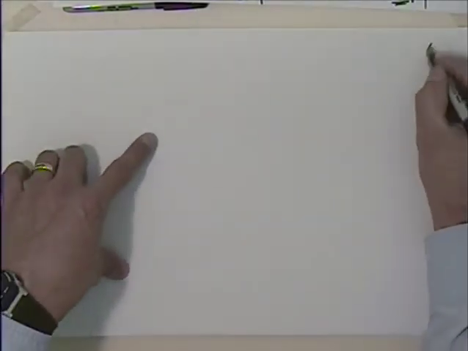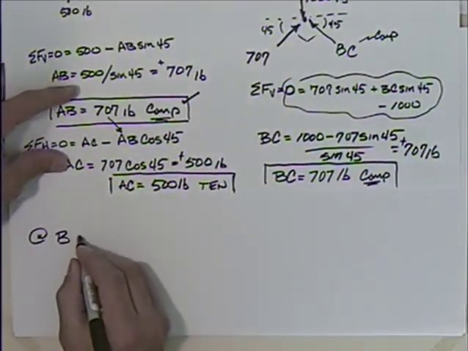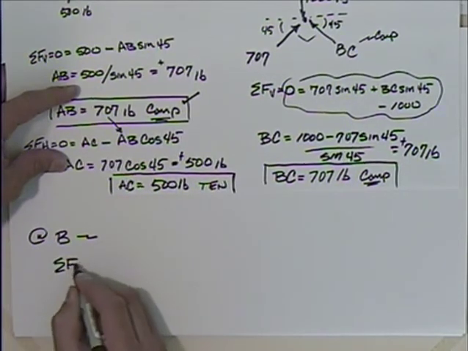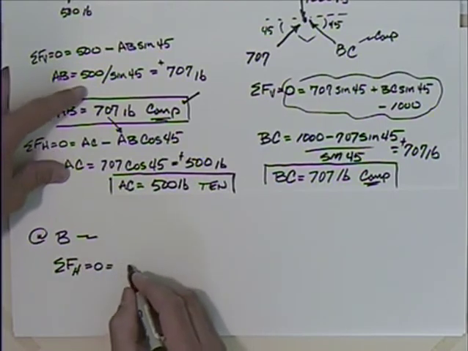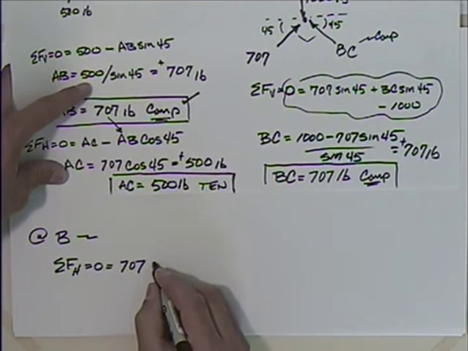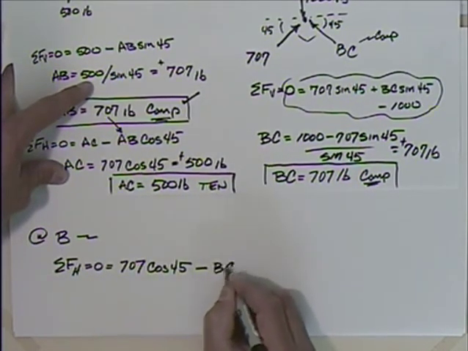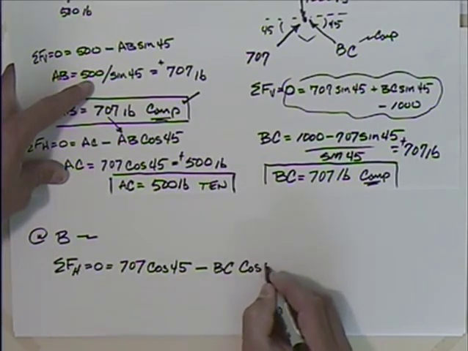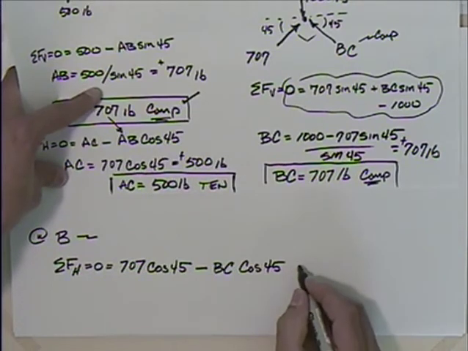So we asked some questions here. What if you would have taken this one and you would have at B said sum the forces in the, we did the vertical there, the horizontal, setting those equal to 0. What would you have to say? Well, you'd say 707 times the cosine of 45 minus BC times the cosine of 45 is equal to 0, right?